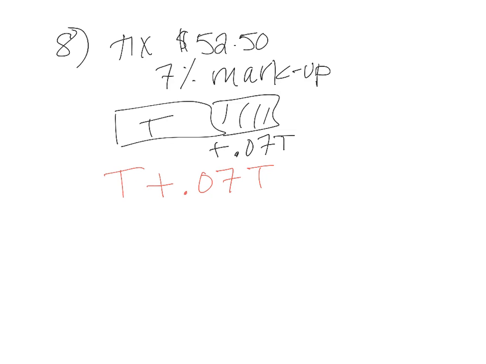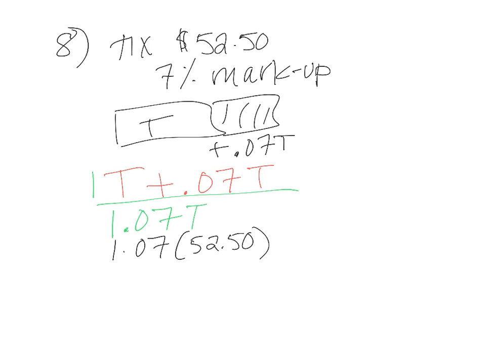This guy's super easy to combine like terms and say I have 1t plus 0.07t and write it like this. And now all I have to do is plug in the $52.50. And when I multiply this, I'm going to end up getting $56.18 when I round. Don't forget to round correctly.